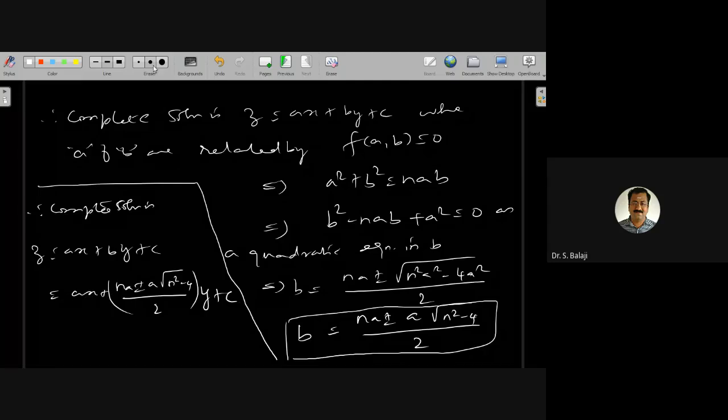Now b is written in terms of a. Put c equal to psi of a, and we can get the general solution, no singular solution.